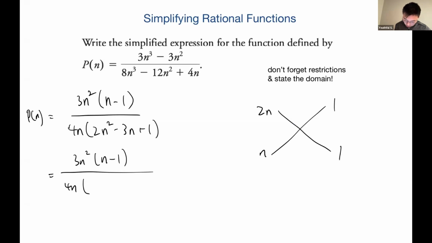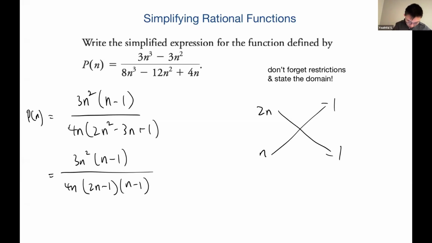Okay, and then it says plus 1, so it's either going to be 1 times 1 or -1 times -1. And because this coefficient is -3, it's probably going to be -1 times -1. And yeah, that is the case. So we have 2n minus 1 times n minus 1 as the factored form.